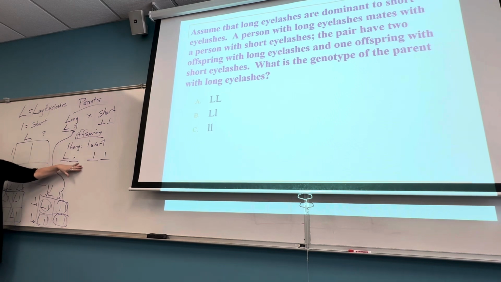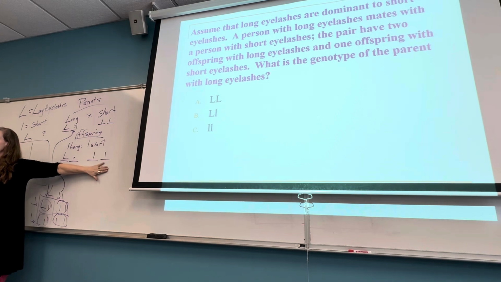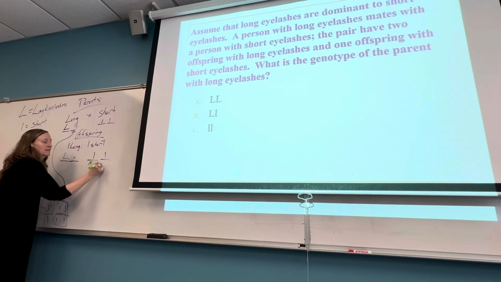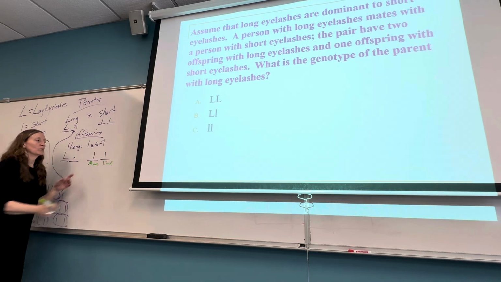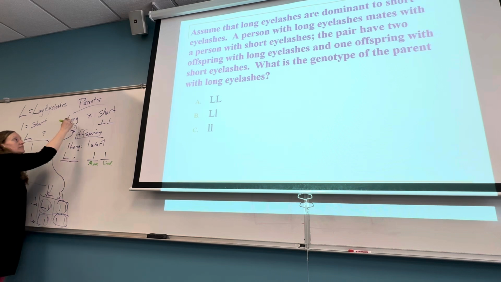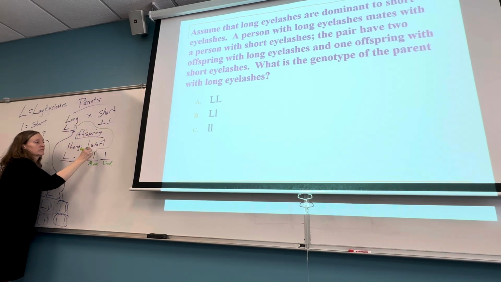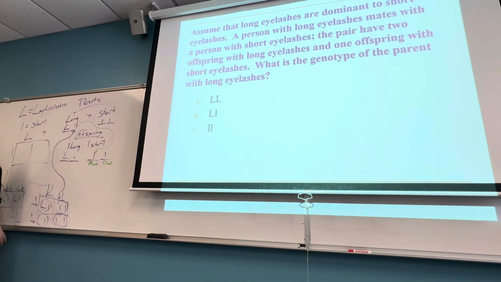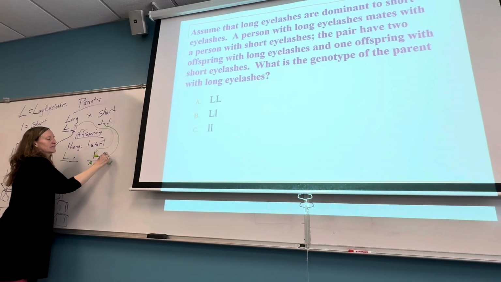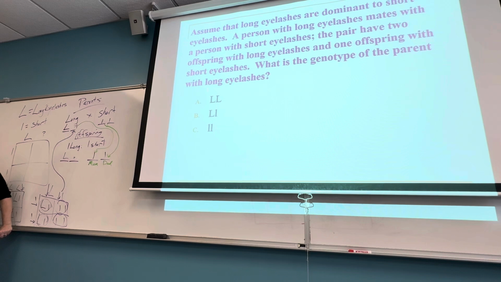Okay, so you know that an offspring with long eyelashes is big L something, but if they have a homozygous recessive offspring, we know one of the little L's has to come from mom, one has to come from dad. So this parent has to be carrying a little L, and the other parent can only give little L's.